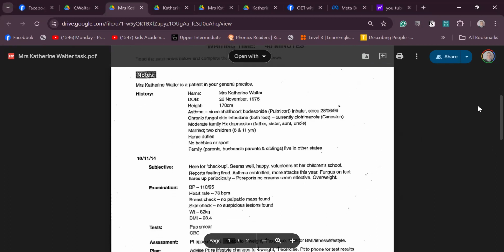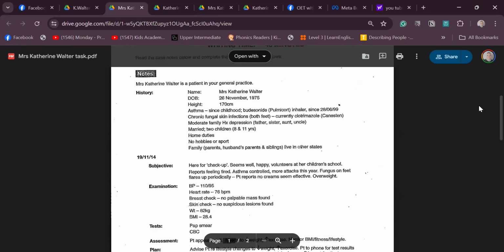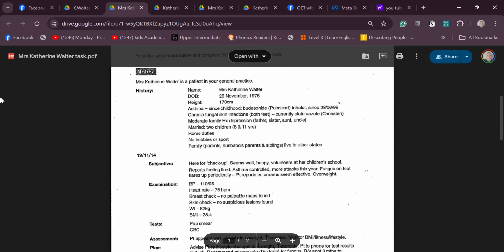I'll find no history for the patient is important at all, only that she has a family history, no hobbies or sports. Husband, parents, and live in other states. She lives alone.